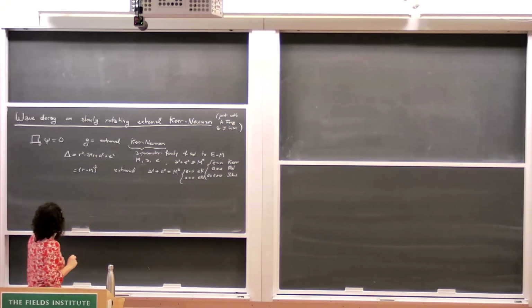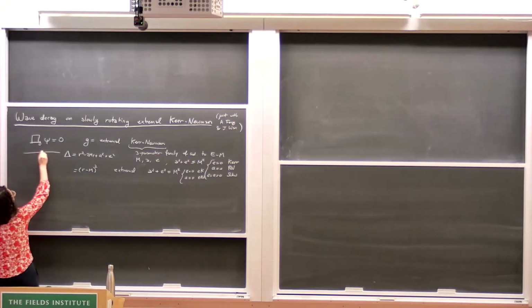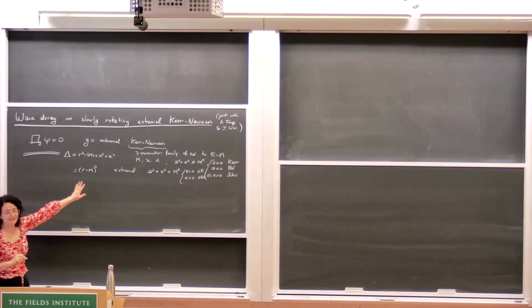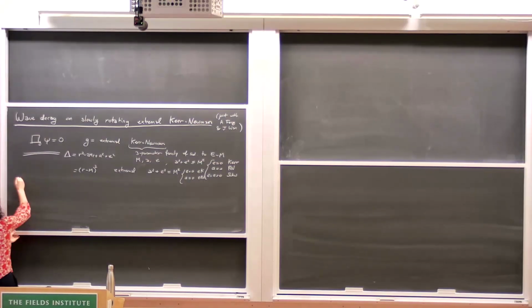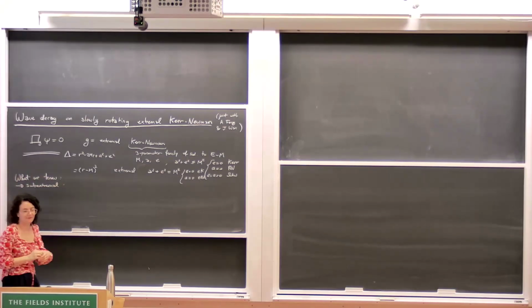Now, what do we know about this equation in this metric? Well, we know a lot. Here I'm going to separate into the two cases, the sub-extremal and the extremal case. In the sub-extremal case, we really know a lot.